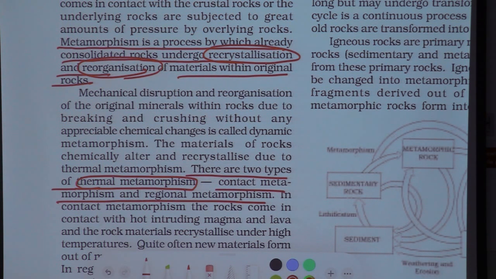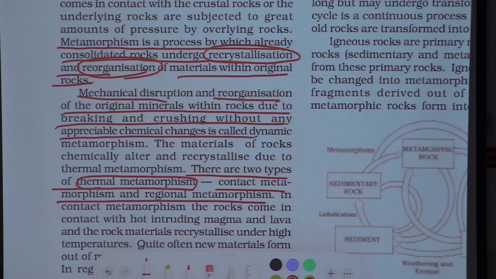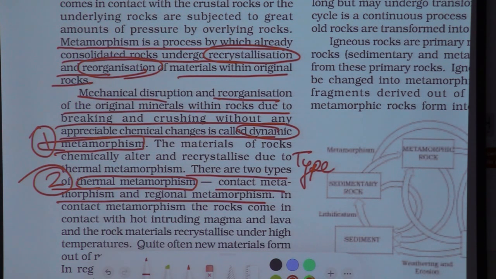When I take that mechanical disruption and reorganization of original minerals due to breaking and crushing without any applicable chemical changes, that is dynamic metamorphism. So dynamic metamorphism and thermal metamorphism, 1 and 2, are the types of metamorphic processes that we correlate, and this results in how many types of metamorphic rock, which we need to understand with the support of a flowchart.